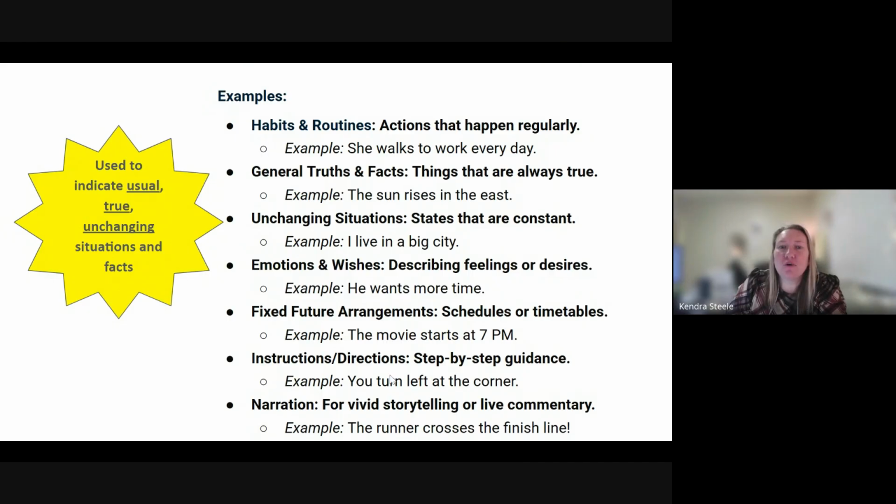So if you are telling a story and you want to make it more exciting, or you are watching sports on TV and listening to the commentators, the people speaking about the game, they might be talking in a different tense and then say, the runner crosses the finish line, for excitement. So when someone is narrating, they do so in the present simple tense as well. All right, let's keep going.